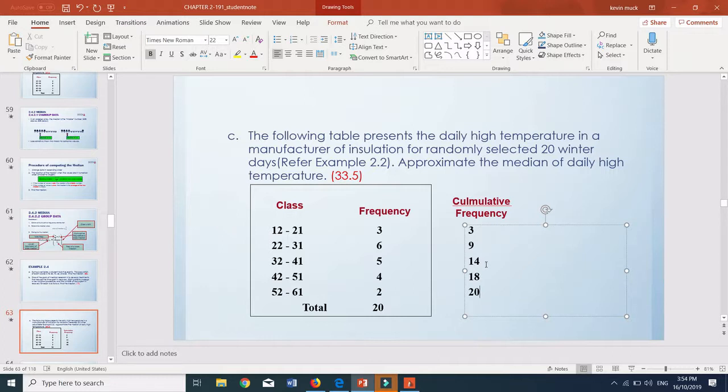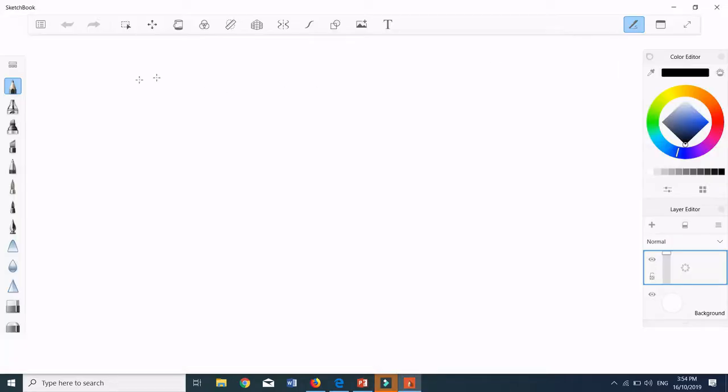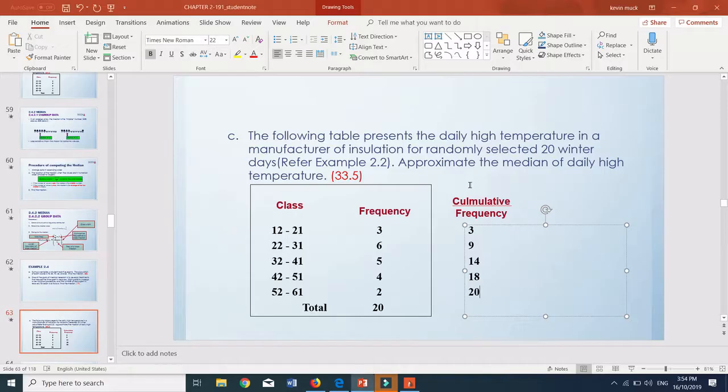All right, so second step, we should find the median class. How can we find the median class? You have to take the total frequency, which is 20, and divide by 2. The median is at 10. So this is 10.